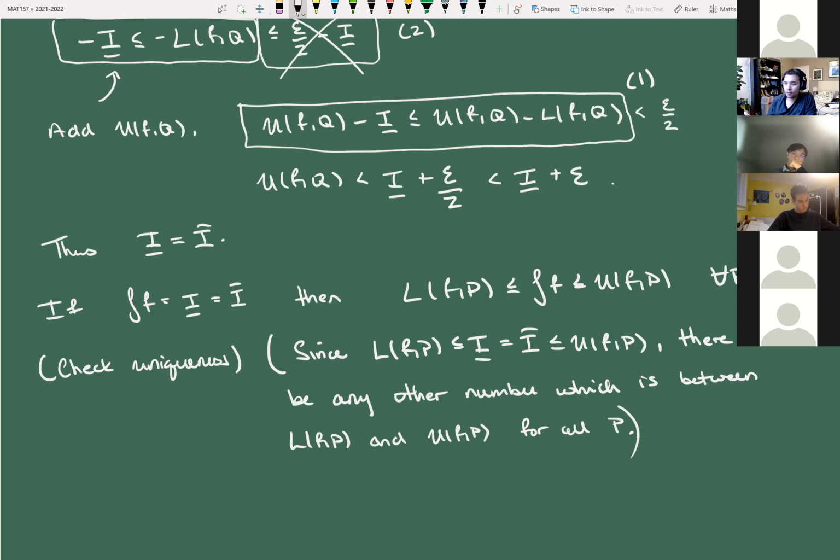But if the lower integral and the upper integral are equal, that's the only number it could be. So hopefully that makes sense.